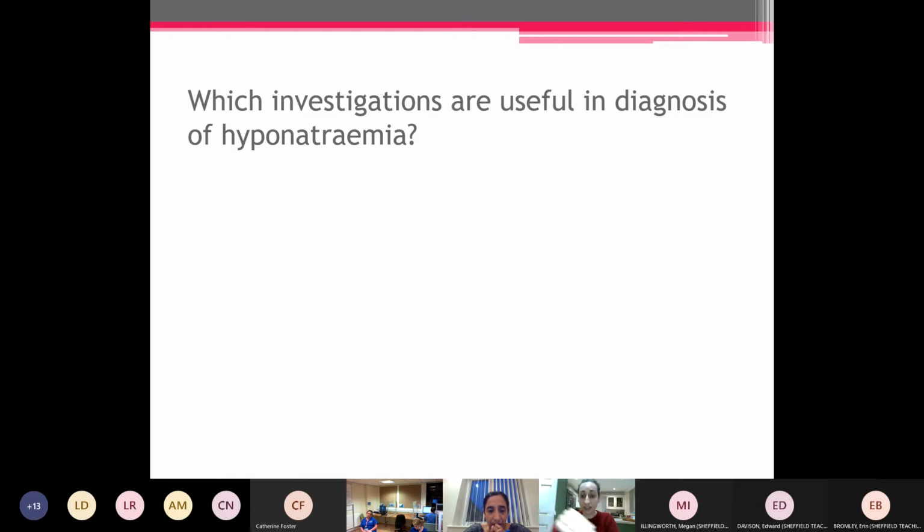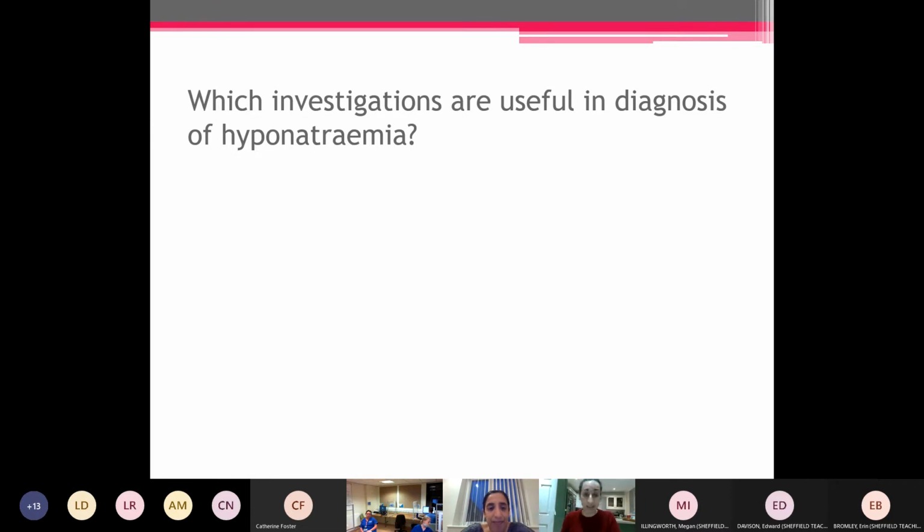But if it then started dropping further, despite them having been on that medication for a long time and the doses haven't changed, I would be looking for another reason. I wouldn't just put it down to the medication. If they came into hospital and we then started those medications and then it dropped, then I would blame the medication. Is that all right? Yeah, that's fine.